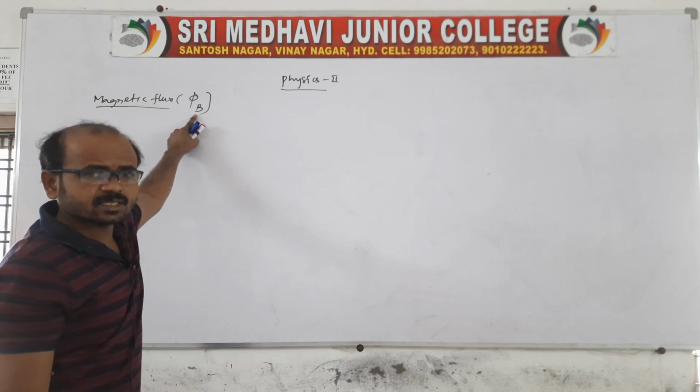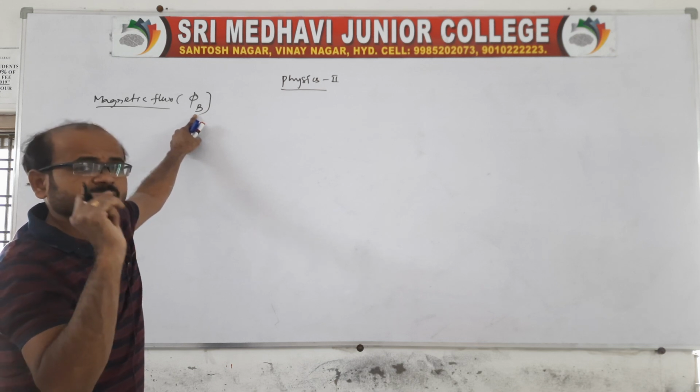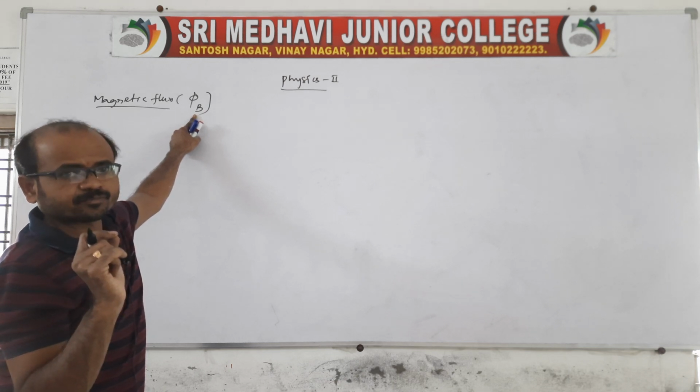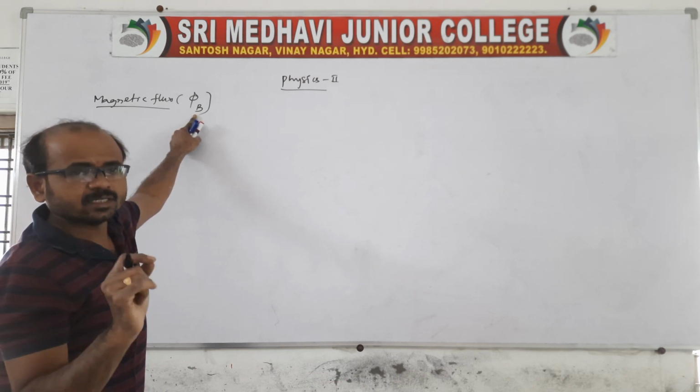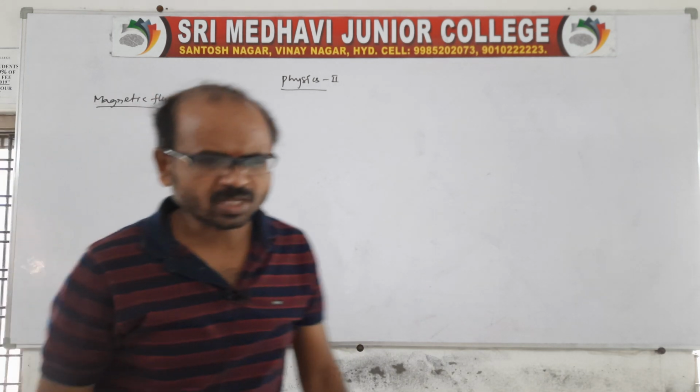Flux in the sense is the number of field lines, the number of magnetic lines of forces, passing through an area normal to the area. We call this the magnetic flux, like electric flux also.